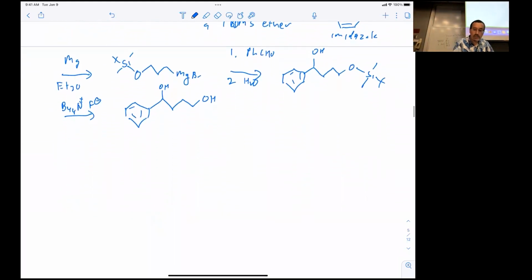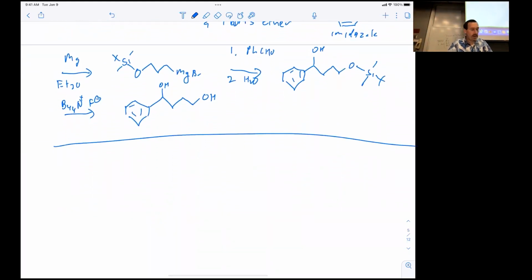All right, I want to move on at this point to what I put aside before, which is the reaction of the carboxylic acid family with organometallic reagents, and specifically esters and acid chlorides. We already saw that the primary reaction of a carboxylic acid with an organometallic reagent is acid-base chemistry.